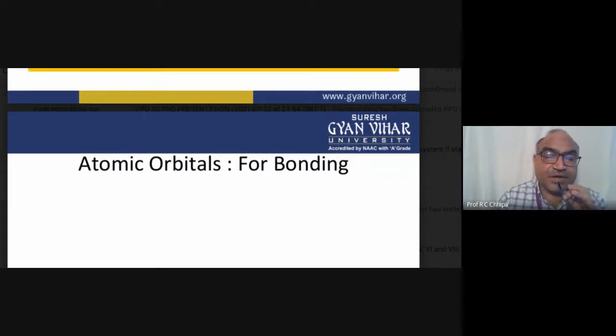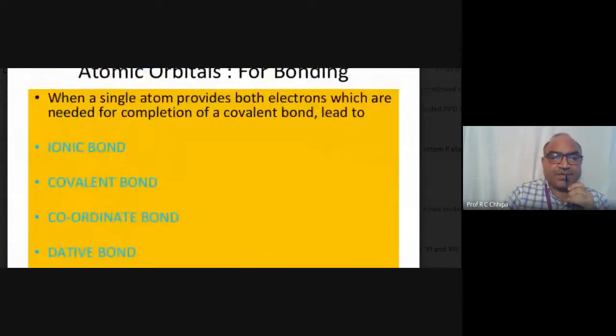What are those specific characteristics? Even the electron affinity, even the ionization potential, even the size, also the effective nuclear charge. So many of the properties also correlate with the atomic orbitals.